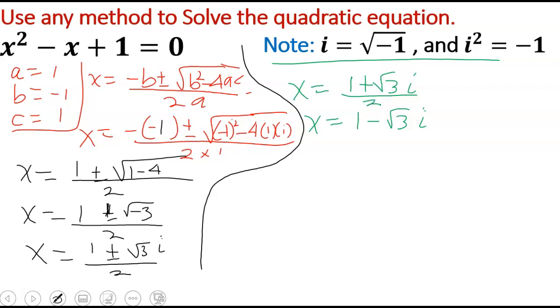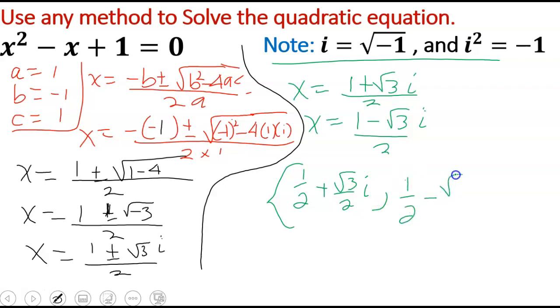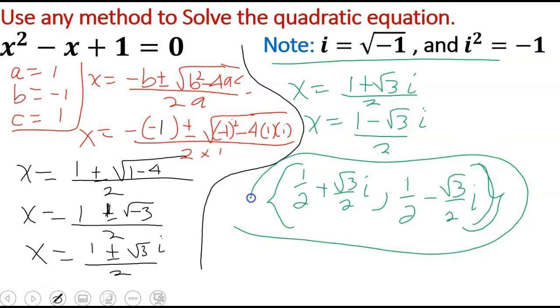And sometimes they write it as separate because there are two terms here, 1/2 plus, so I'm going to write it as a set of 1/2 plus square root of 3/2 i and 1/2 minus square root of 3/2 i. Okay, so it's good to familiarize yourself with multiple ways of writing it, so whichever way it's presented, you don't get confused.